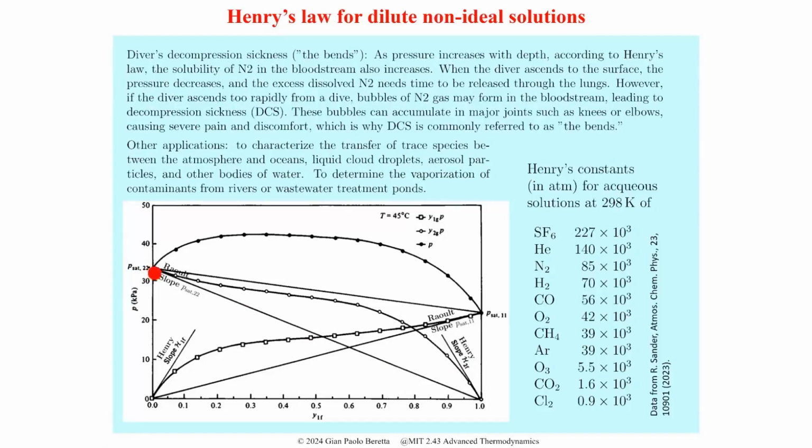Since the Henry's constant is very high, the actual slope here is much steeper. And that is sort of the tangent of this non-ideal behavior bubble line.